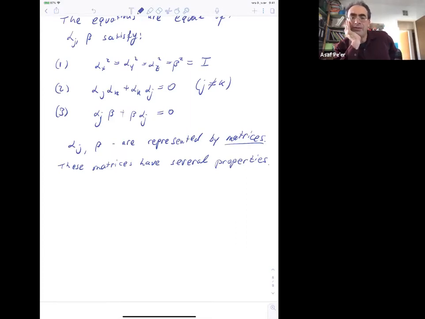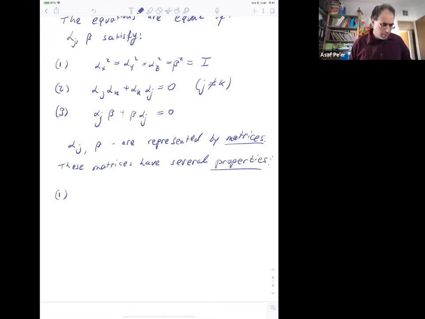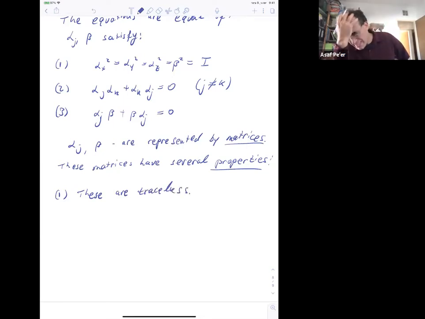Some nice algebra, but let's look at the properties of these matrices. So properties of the matrices. So one, these matrices are traceless. Remember, the trace of a matrix is the sum of elements on the diagonal.